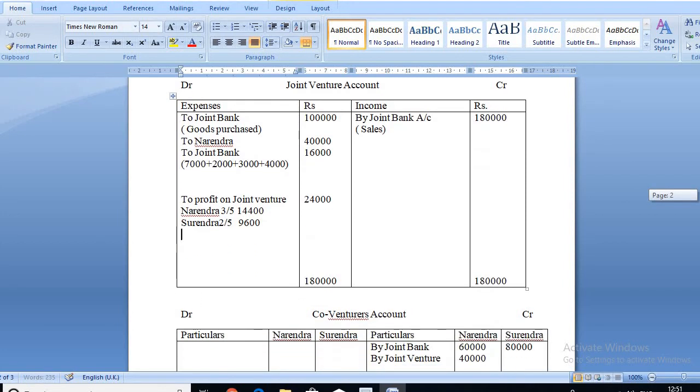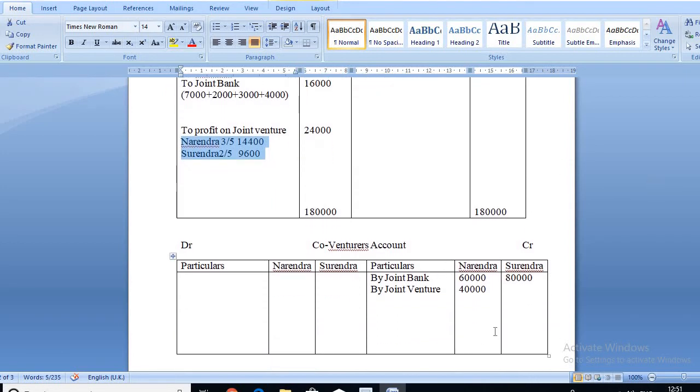But here we recorded the profit on one aspect, that is the debit aspect. The same should be recorded on the credit side. So in Narendra and Surendra accounts, record on the credit side. How much? Narendra is 14,400 and Surendra is 9,600.